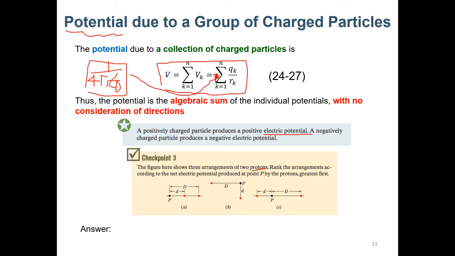So it asks you about the potential at point P. The red dots are protons, which means they have a positive charge of 1.6 times 10 to the minus 19 coulomb. This is small d and capital D.